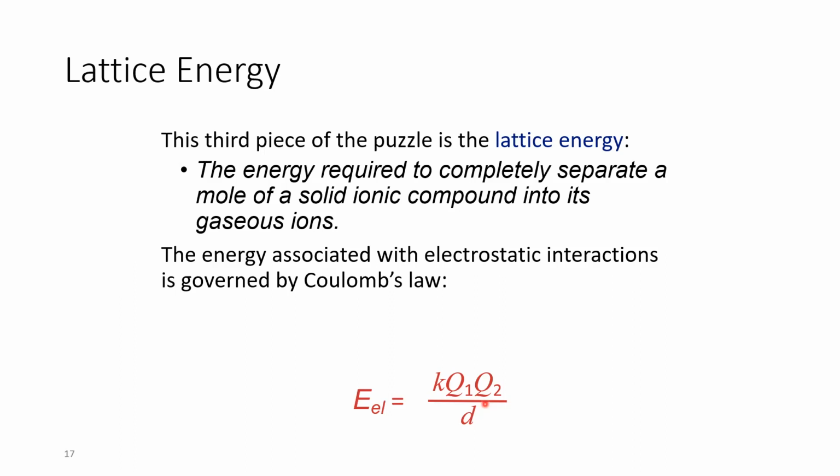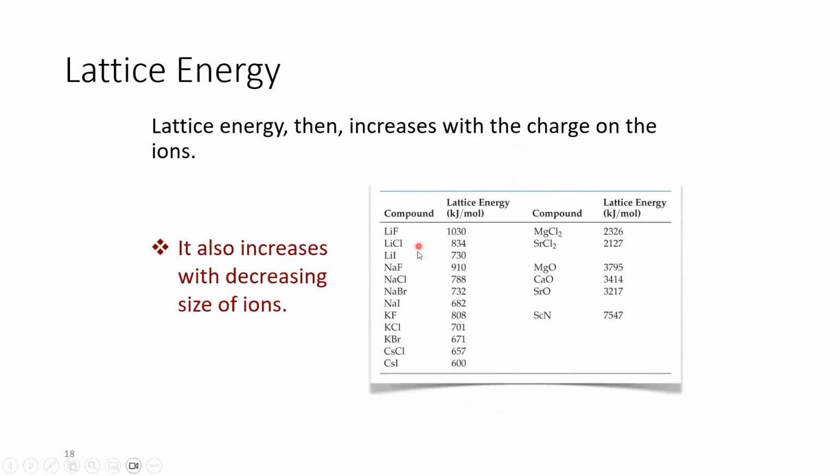Larger charges is just going to be a larger interaction overall. Or we want to take those charges and just move them closer together. So if we decrease the distance, well, now we're dividing by a smaller number, ultimately going to give us a larger lattice energy overall. But now if we look at the table here, we can pick a few examples and kind of see what's going on here.